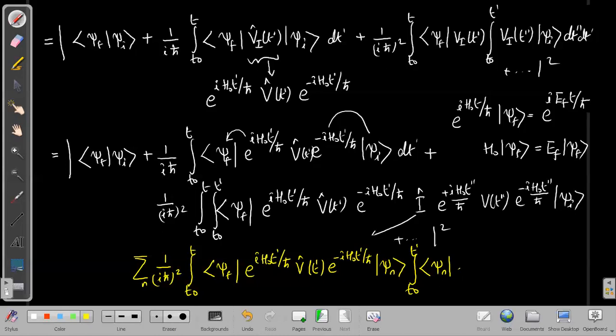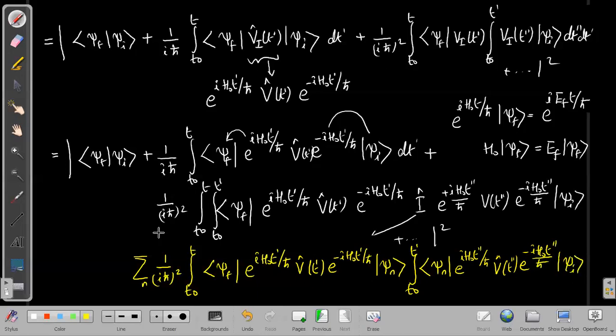Then again the same expression would come here, e raised to iH0 t'' by ħ, V at t'', e raised to minus iH0 t'' by ħ, |ψ_i⟩.